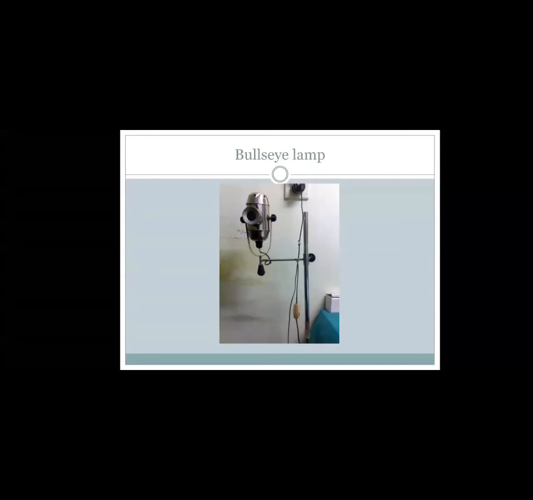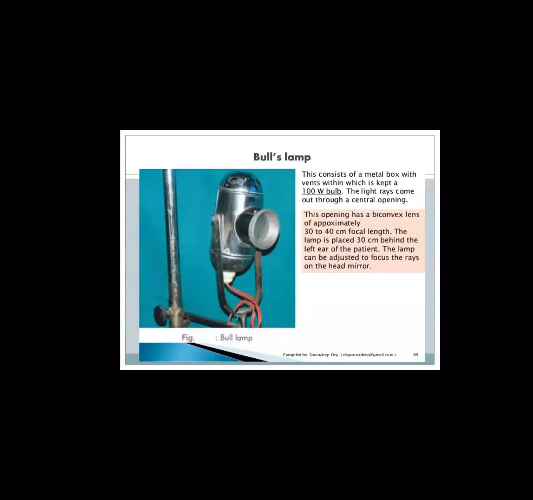The bullseye lamp is the one we commonly use in our government hospitals, and it is the one which is preferred because it gives proper illumination and visualization for us.